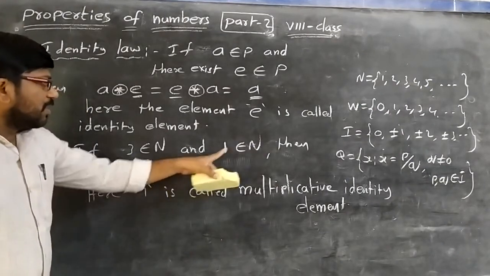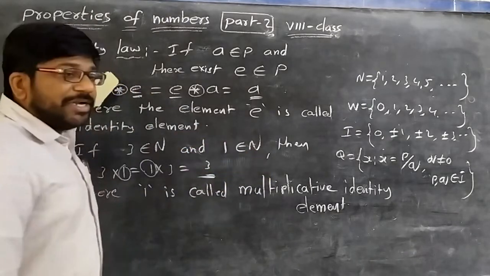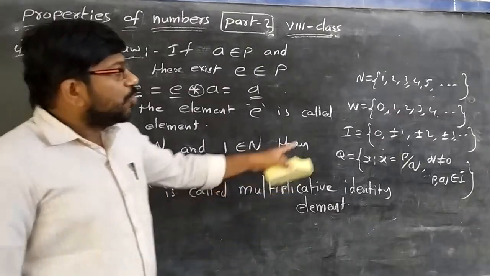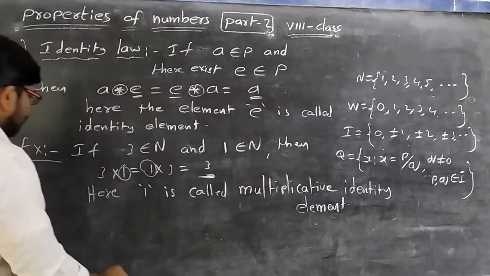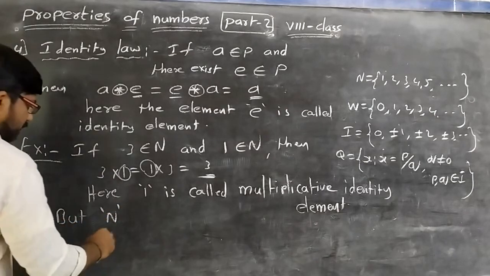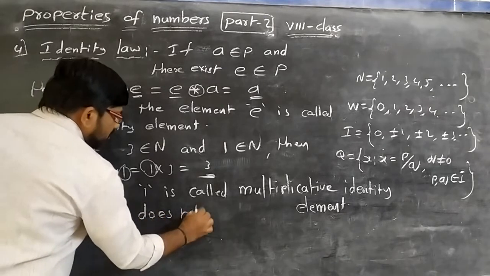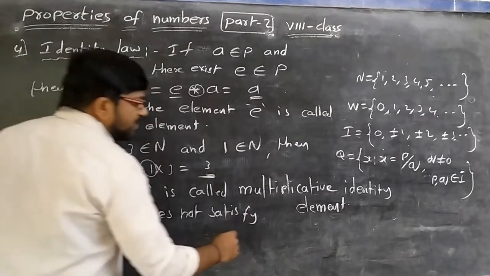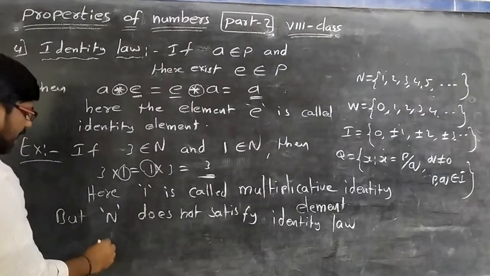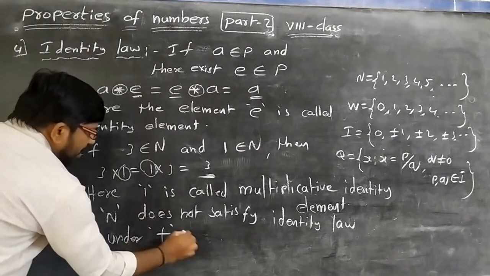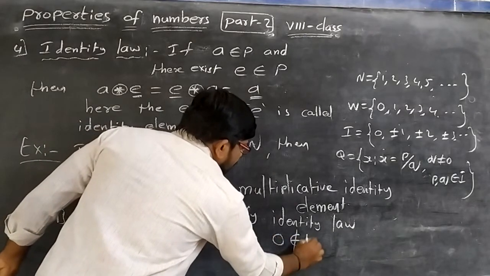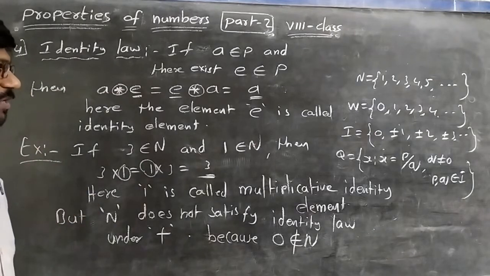But the set of natural numbers N does not satisfy the identity law under addition, because 0 is the identity element in addition, but 0 does not belong to N. Okay, the element 0 does not belong to the natural numbers.